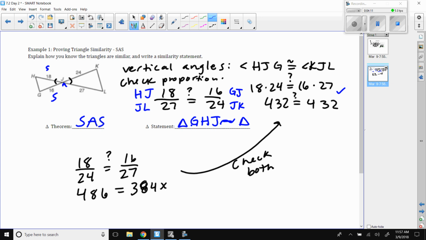I want to see what's going to match with G. So J was here, but G and K match, which means L and H match. So I want to make sure that I talk about this as KLJ. Okay, this is important that you have this correct. Okay, that it's the actual angles that are matching up and the side lengths that are matching up based on how you wrote your proportion.